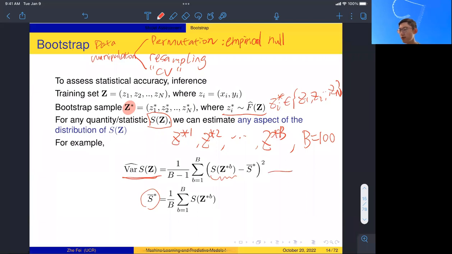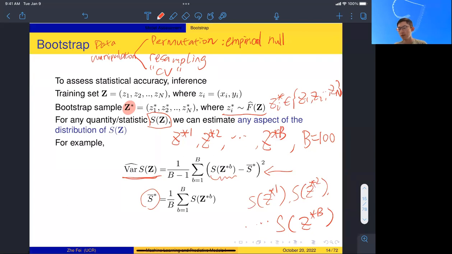And this formula is nothing but the definition of your variation. Just to write it more clearly, we essentially have S of Z star 1, S of Z star 2, all the repeated statistics that we have.